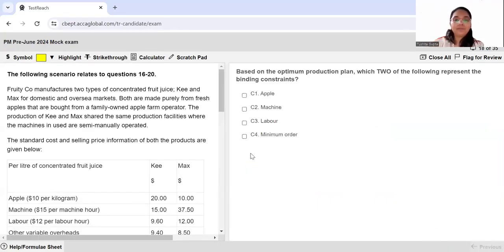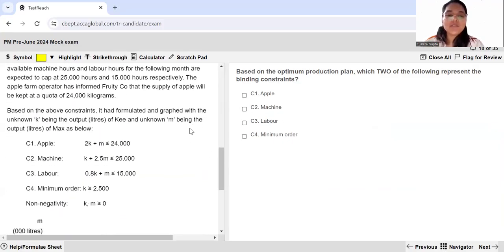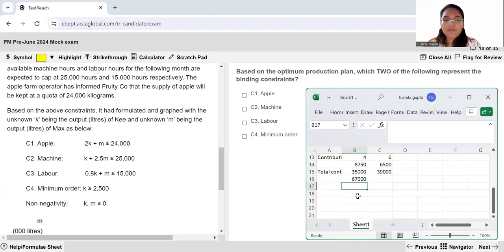Moving ahead, based on the optimum production plan, which two of the following represent the binding constraints? Binding constraints are the ones which are causing you the most problem. So let's see which constraint is being utilized how much.